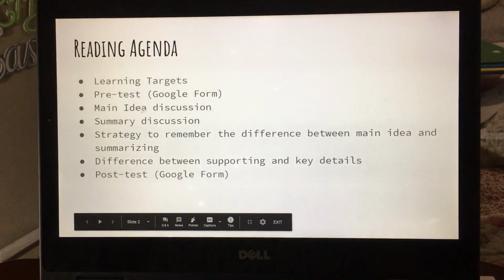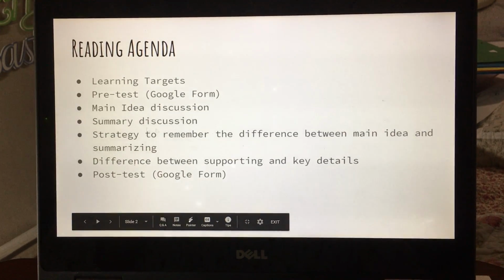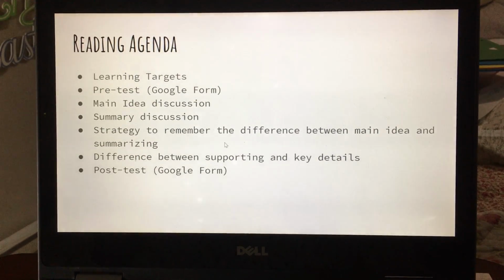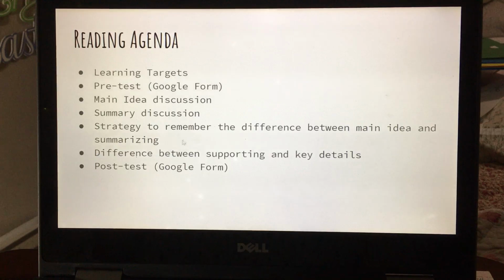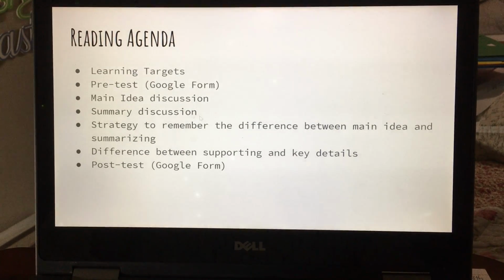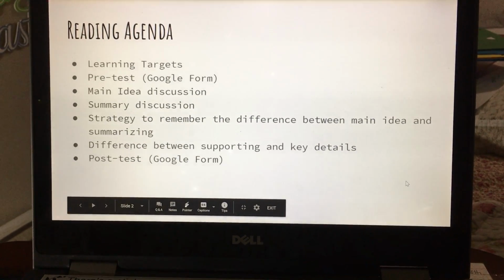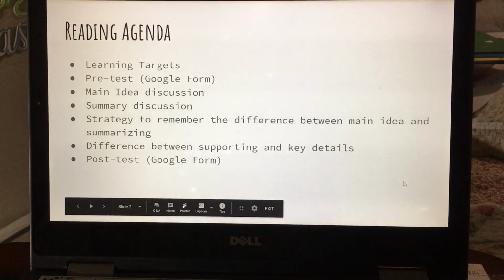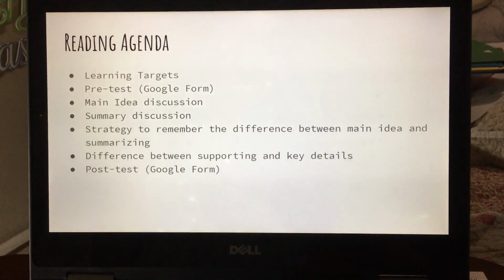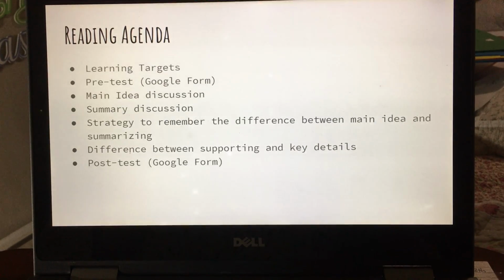Next we'll have a discussion over main idea, discussion over summary, and then a strategy to remember the difference between main idea and summarizing. And I'll go deeper into that whenever we get to those slides. It may be a little bit confusing, but I think I've figured it out.